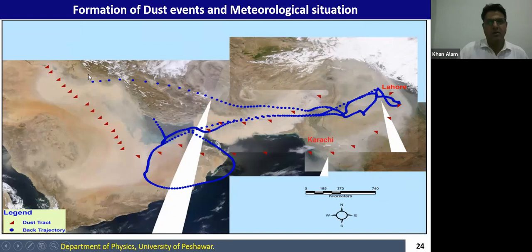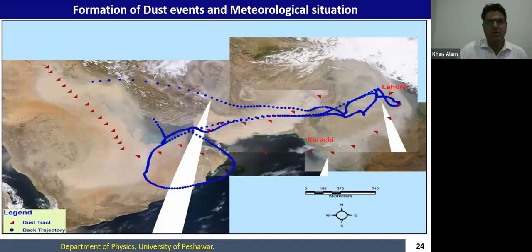and the Middle East. Normally this region, Iraq, Saudi Arabia, and the Persian Gulf, forms a hotspot that has reported the highest occurrence of dust storms. So in March 2012, two separate dust storms were created. One was in Iraq, and due to the high-low pressure gradient, this dust storm shifted towards Saudi Arabia, then came to the Red Sea, and then went towards Pakistan.